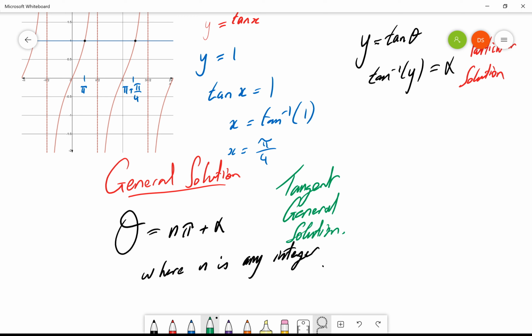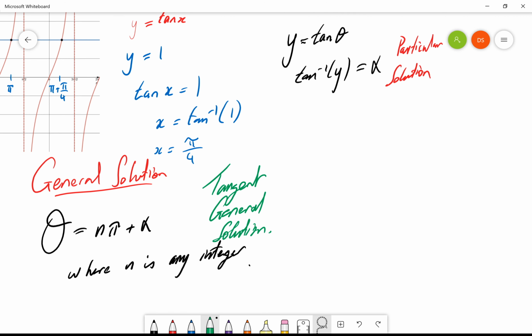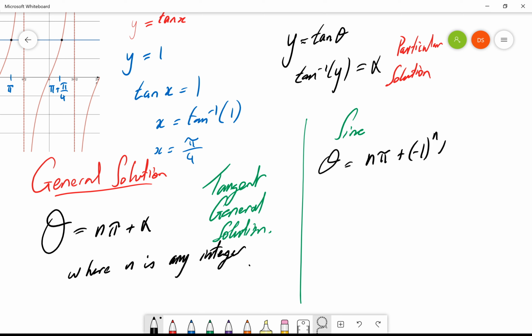They all look like this. And so as a whole, you have the tangent general solution, the sine general solution looks like, the sine one is the only one that's really weird. It is n plus -1 to the n alpha.